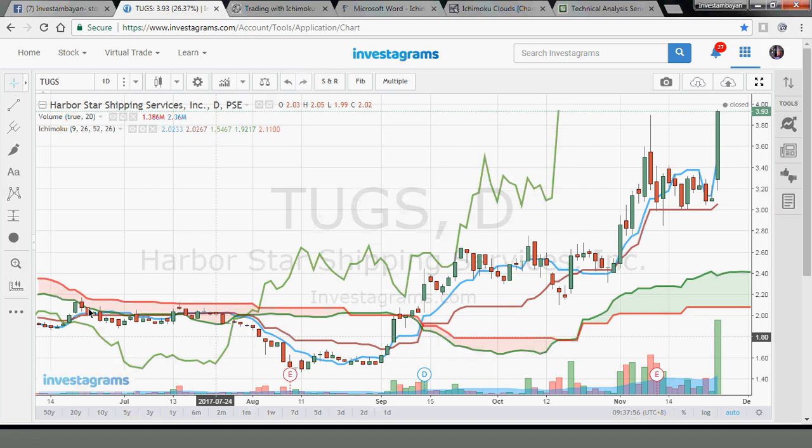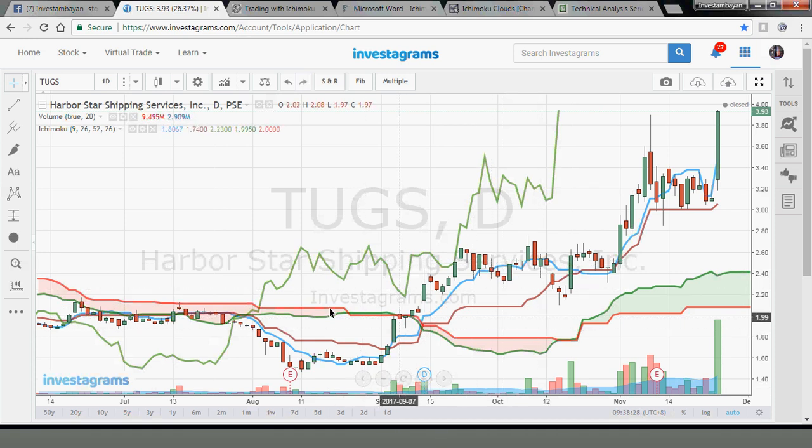Dito, nasa taas ang cloud, resistance niya. Nagko-cross si price from the cloud, and once nag-breakout siya, hindi na siya bumaba from above the cloud. So nakita natin, this is really significant.